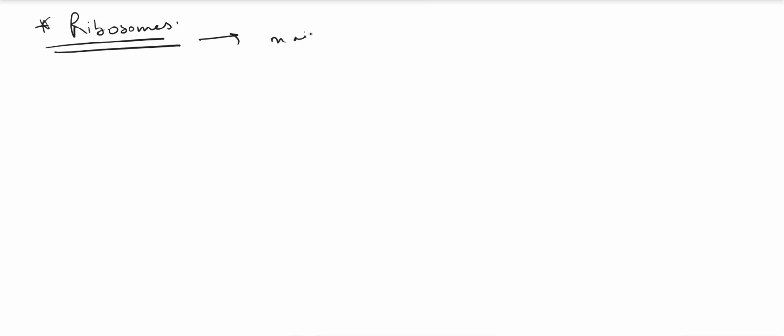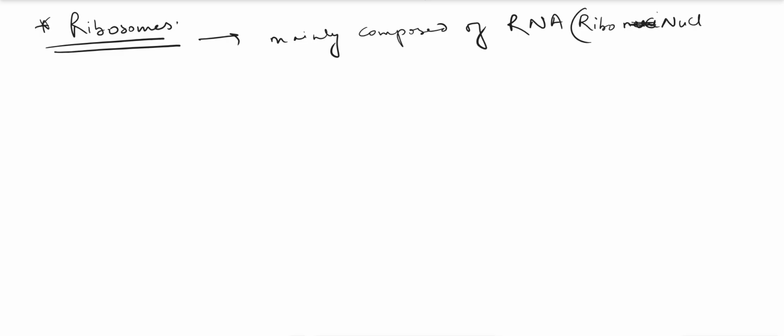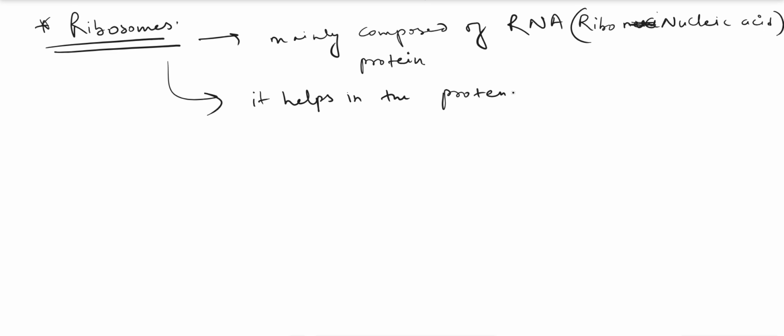They are mainly composed of RNA and protein. RNA means ribonucleic acid. The major function of the ribosome is protein synthesis.